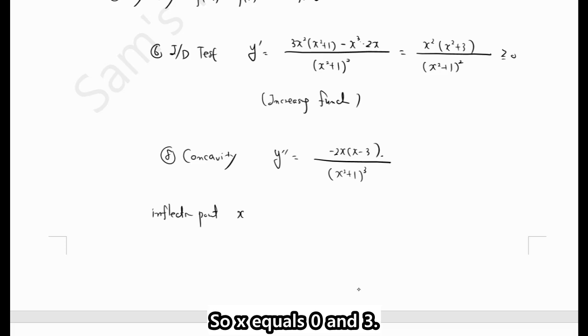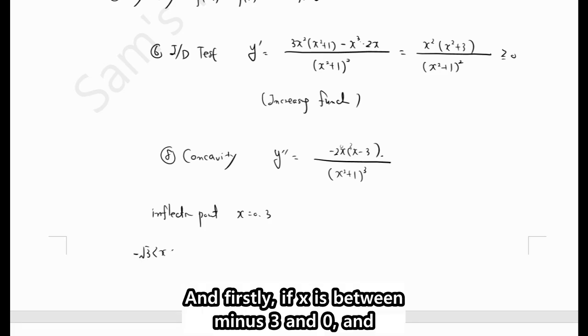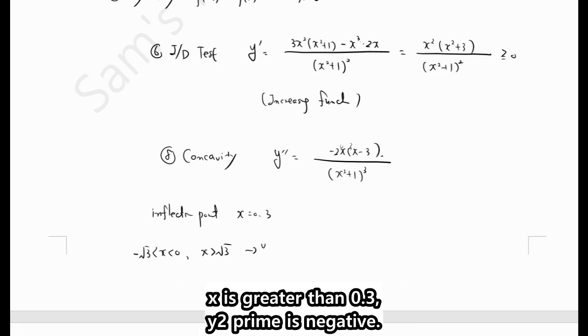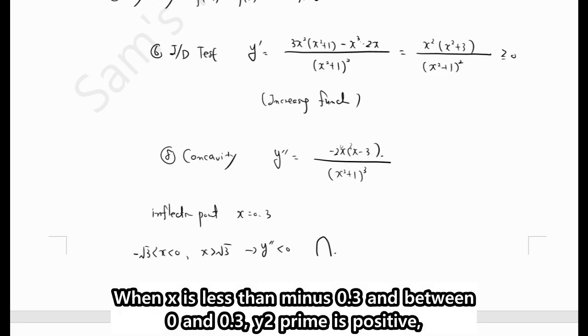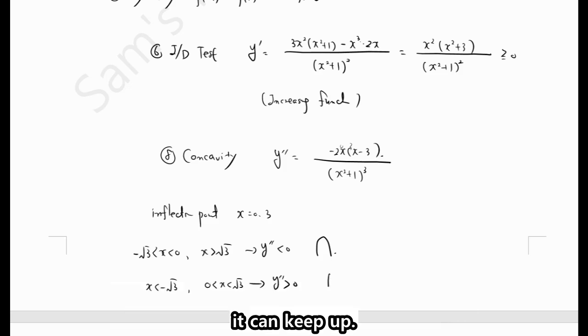So x equals 0 and plus or minus square root of 3. If x is between minus square root of 3 and 0, or x is greater than square root of 3, y double prime is negative, so it is concave down. When x is less than minus square root of 3 or between 0 and square root of 3, y double prime is positive, so it is concave up.